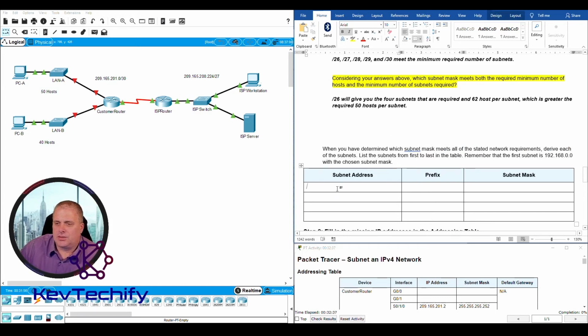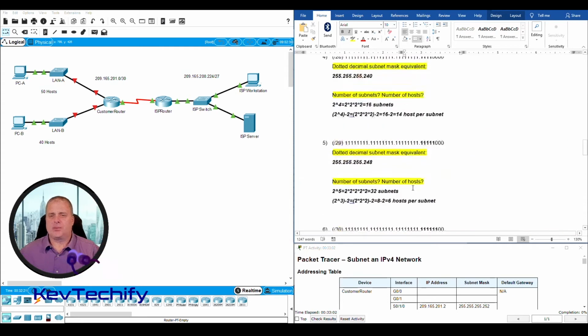The first subnet is 192.168.0.0. The prefix we got here is the /26. The prefix is the same for all of these networks. We get a /26, /26, /26, and /26.